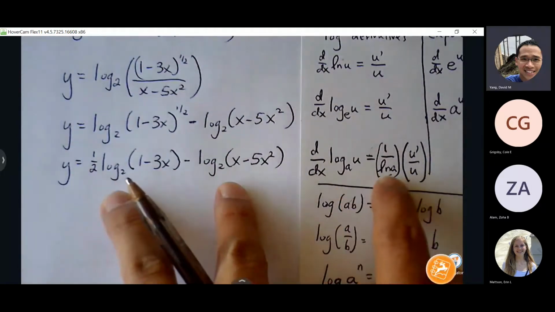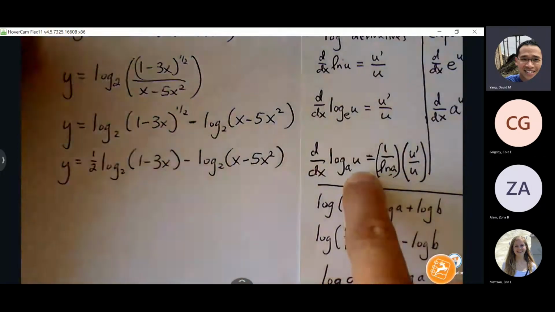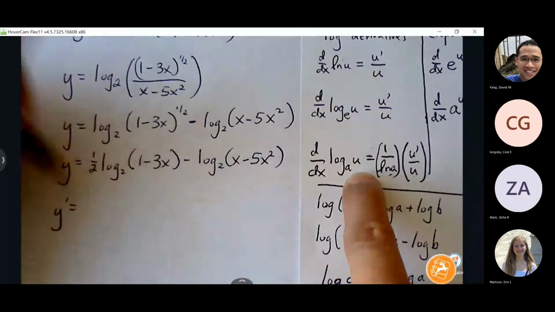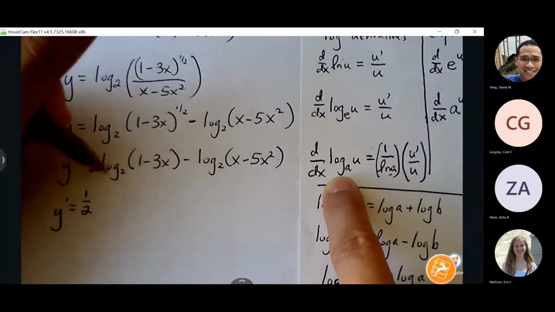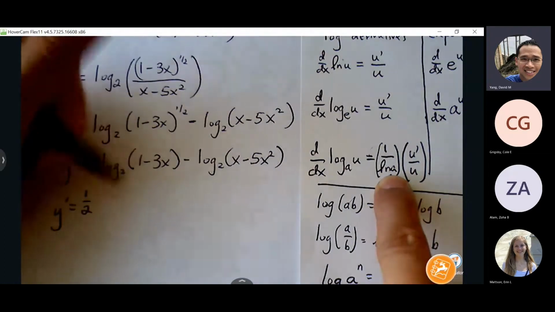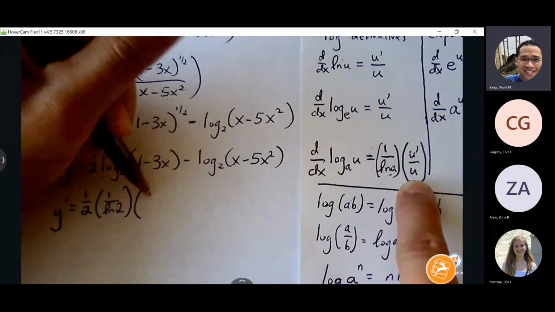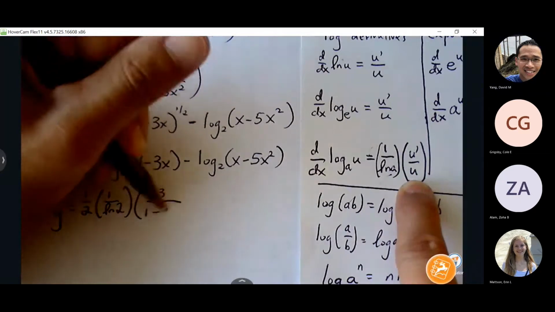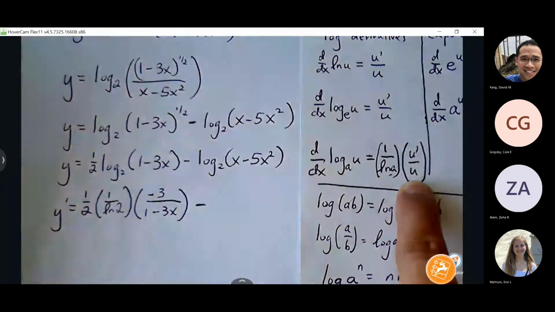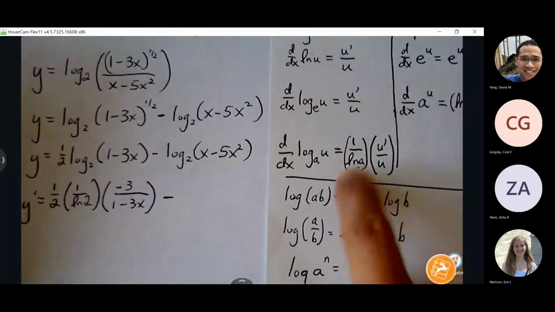Both these terms, we can apply the rule for log base a. Coefficient stays. Log base 2 goes through a little bit of a conversion. u prime over u. Same thing here.